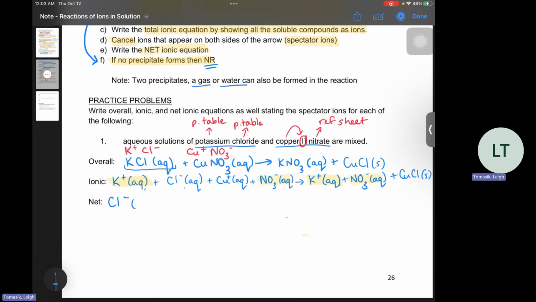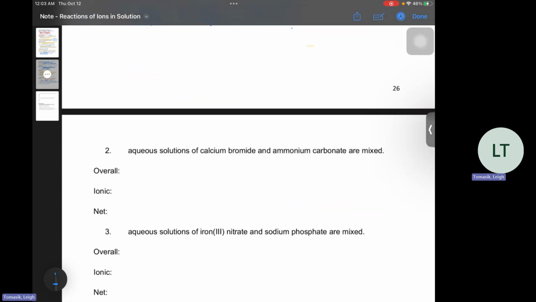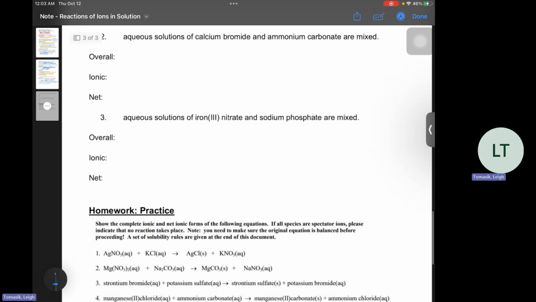So Cl minus aqueous plus Cu plus aqueous makes CuCl solid. And that's our net ionic equation. So this is really pretty easy. Let's try the next one.